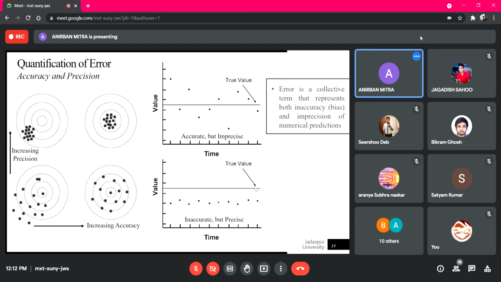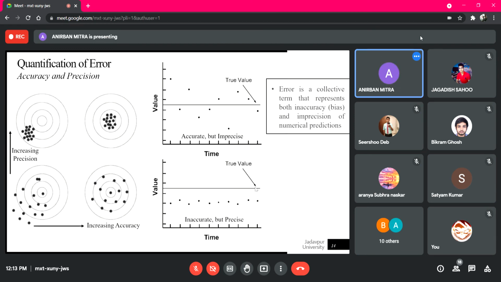For our present course, when we consider numerical errors or errors in general, this is going to be a collective term. That means it is going to represent both inaccuracy and imprecision of the numerical predictions. So both will be clubbed together under this term error. We will not separately calculate the inaccuracy and the imprecision.